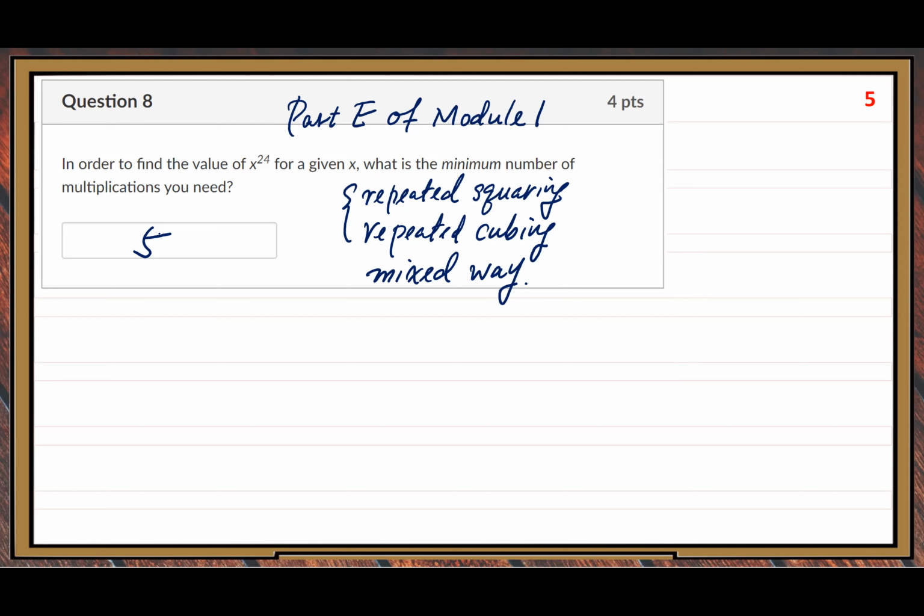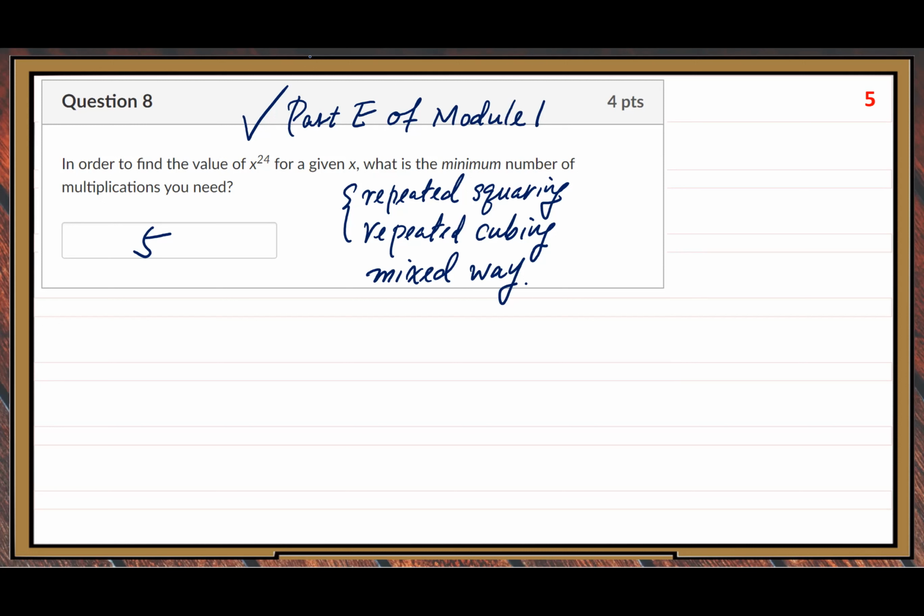But before you work on this question, first you need to be familiar with part E of module 1. Otherwise, it could be hard. I guess if some students did not watch the video for part E of module 1, very likely they couldn't get the correct answer.